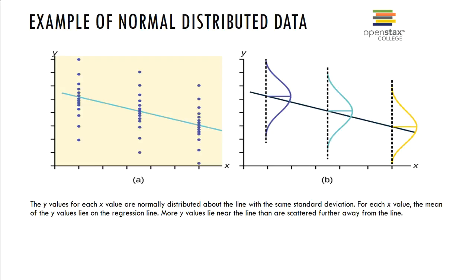More Y values lie near the line than are scattered further away from the line. So all we're saying is that these are the X values, but look how they're scattered on the Y axis. And do they show a normal distribution? Because there's a center for these where the line is, and the data scatters away from the top. And they're kind of showing you here the shape of it so you can understand.